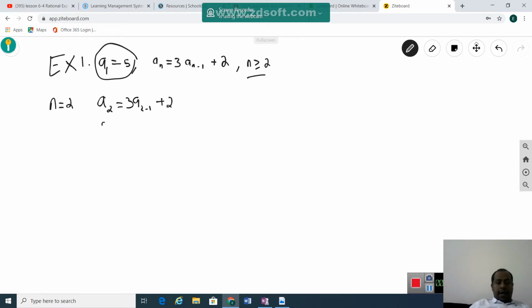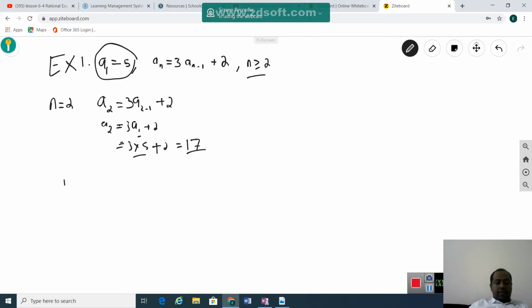So 2 minus 1 is 1, so I will get 3 times a sub 1 plus 2. a sub 1 means the first term, which is given as 5. So I'll get 3 times 5 is 15, 15 plus 2 is 17. So the second term of the sequence is 17.